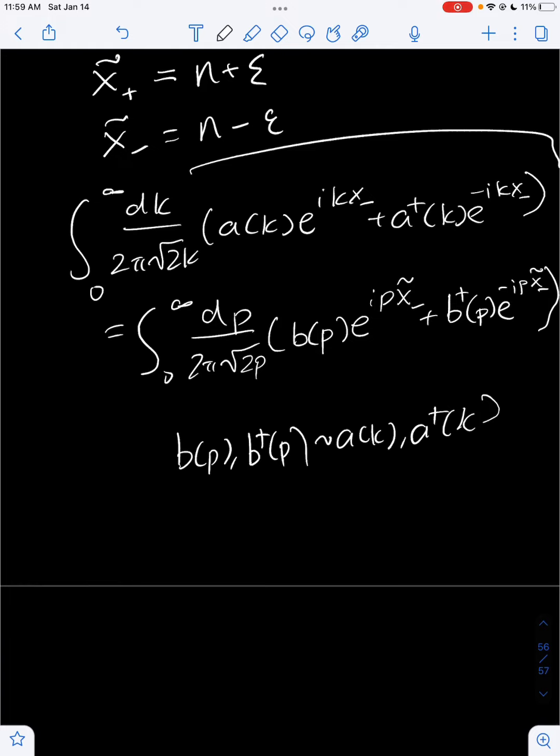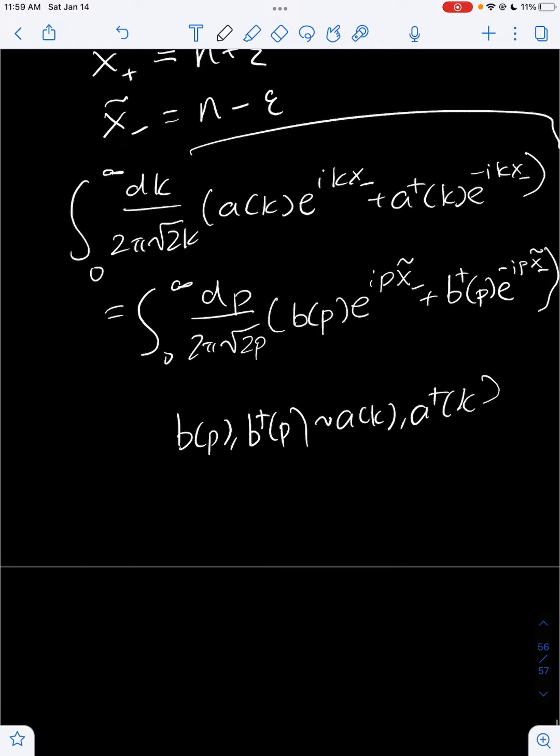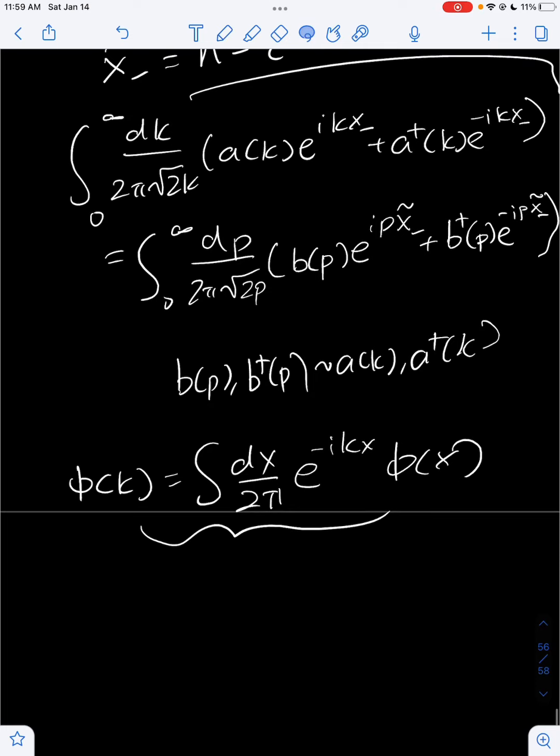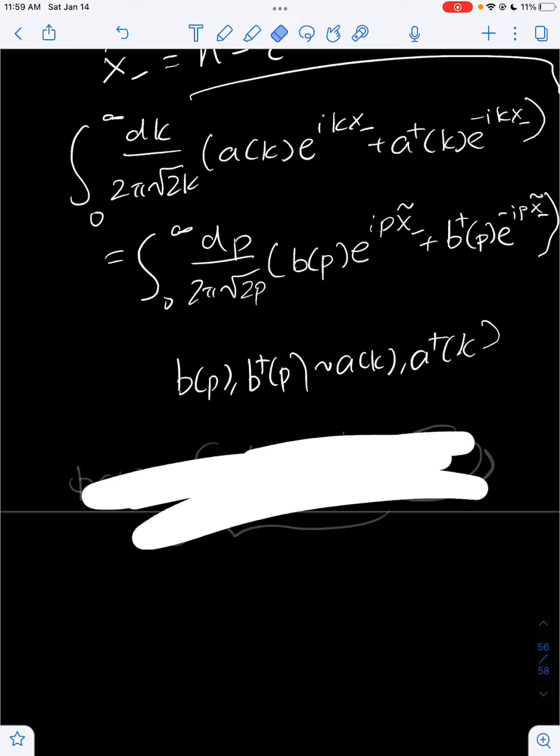Well, we can use the Fourier transform, because remember that phi of k equals the integral over dx over 2 pi e to the minus ikx phi of x. That's the Fourier transform, right? So that's going to isolate phi. It's kind of hard to explain, but let's just use the Fourier transform, and you guys will see.